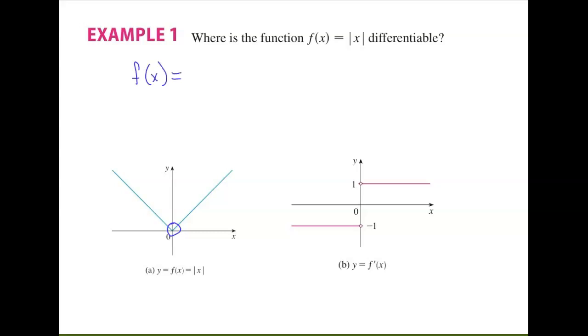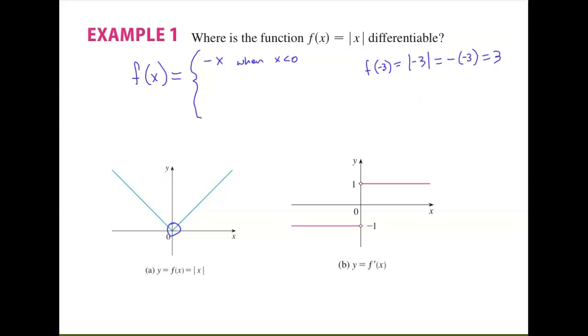The output of the absolute value function will be the opposite of the input when x is negative, right? So for example, if I plug in -3, my output is the opposite of -3, or +3, right?